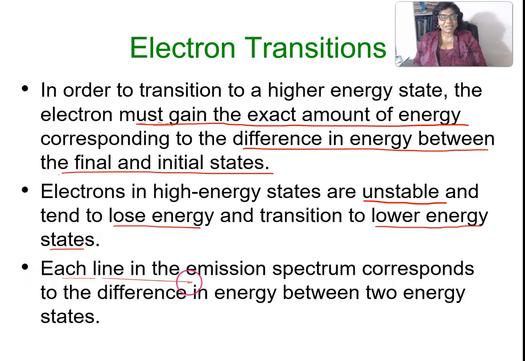Each line in the emission spectrum corresponds to the difference in energy between two states. So each of those lines we saw corresponds to the difference in energy between two energy states.